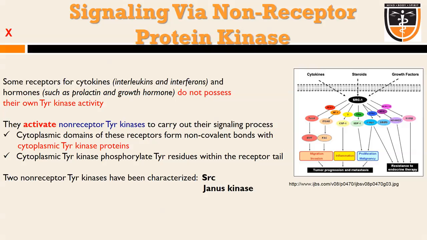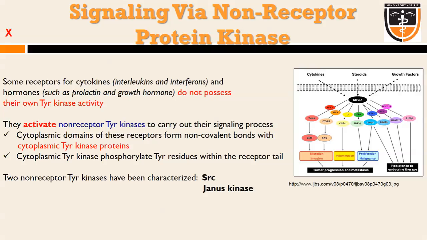So some receptors, specifically for cytokines, very important in your immune system, for interleukins, interferons, and some hormones, prolactin and growth hormone, do not possess their own tyrosine kinase activity. So what they need to do is activate other tyrosine kinases inside the cell to phosphorylate the tyrosine and light up. So that is the process.